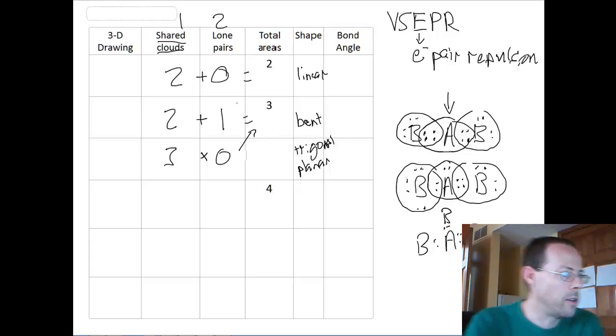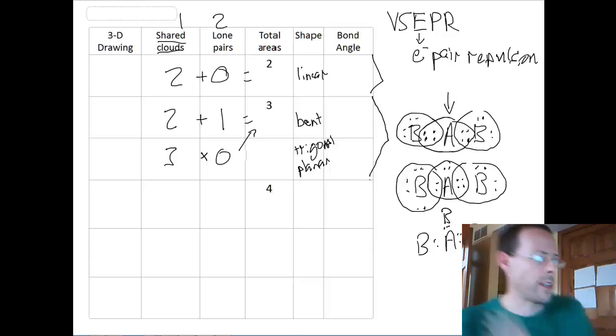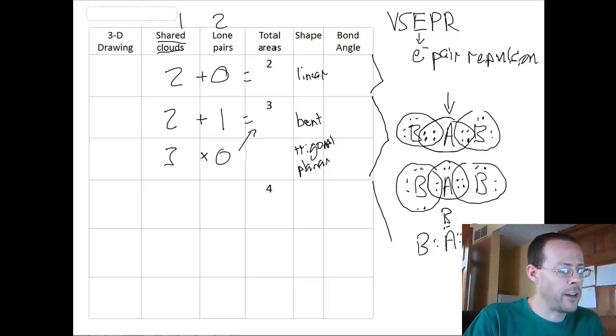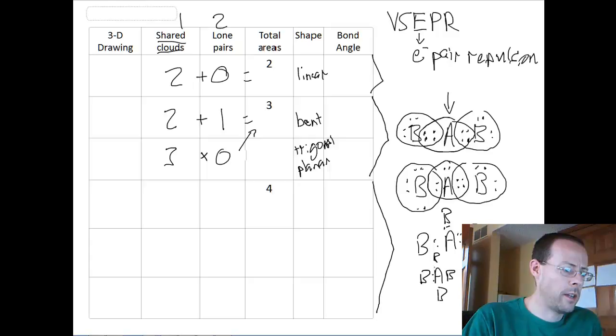Alright, notice 2's have one option. Notice if we have 3 clouds, we have 2 options. So 2's have 1, 3's have 2, and then down here, as we look ahead, 4's actually have 3 different options. So if we do our first one, we're simply going to have A with 4 things around it, B, B, B, B, and 2 dots between.